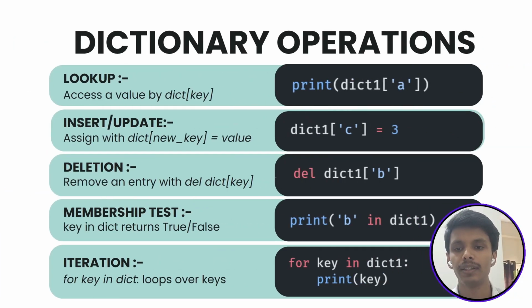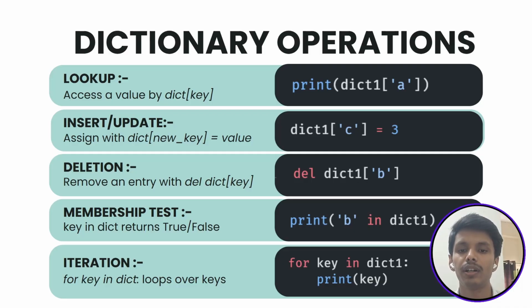We look at some basic operations performed on a dictionary. Lookup. Lookup is accessing values using square brackets like dict[key]. For instance, d[A] will return the value associated with key A. If the key doesn't exist, it raises a KeyError. Insertion or updation.